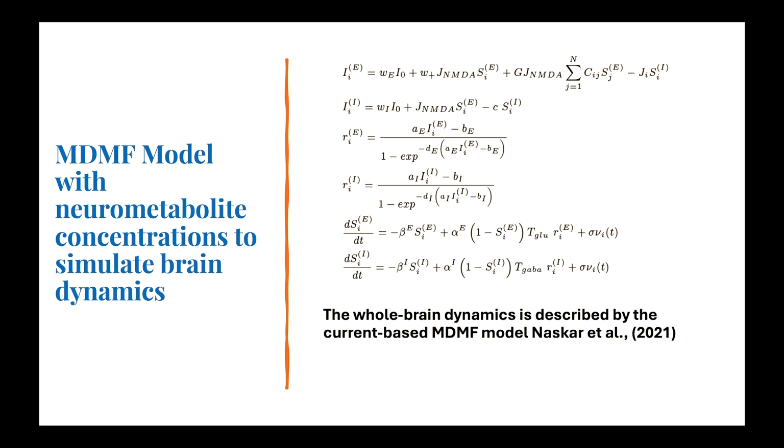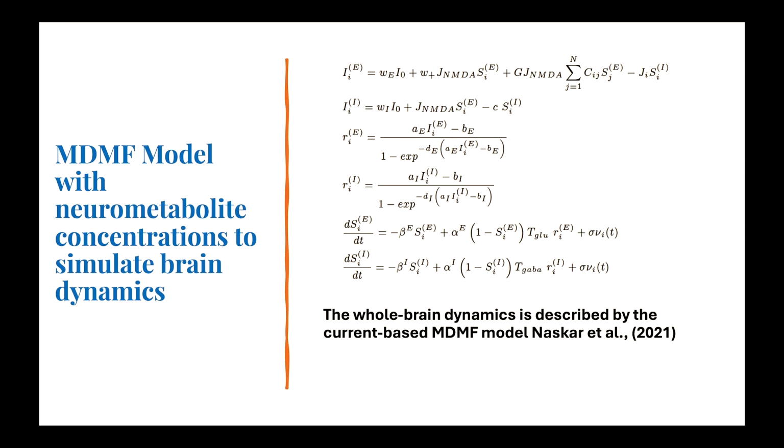The first 2 terms are the input currents of the excitatory neurons and the inhibitory neurons. The second 2 terms are the firing rates of the excitatory and inhibitory neurons, which typically follow a sigmoid function to estimate the firing rate of the neurons.